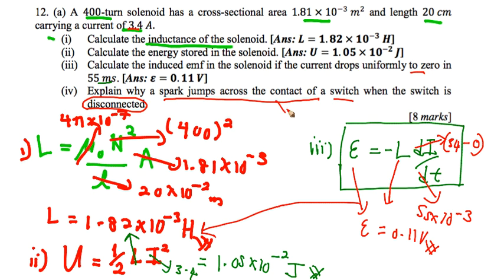This means the current stays in the circuit even though the switch is disconnected, because the current comes from the induced EMF or back EMF when the switch is disconnected.